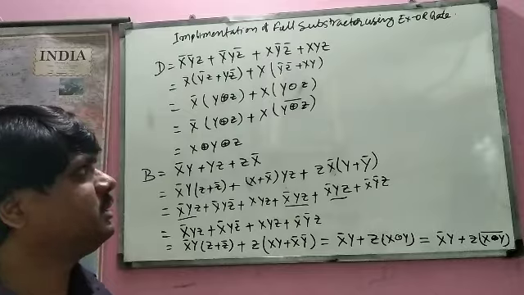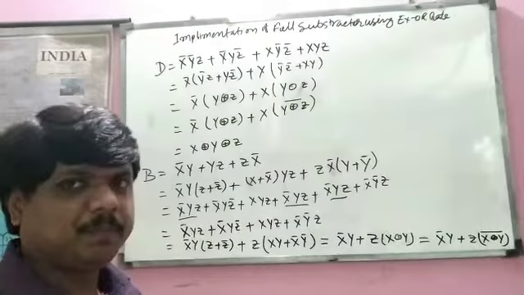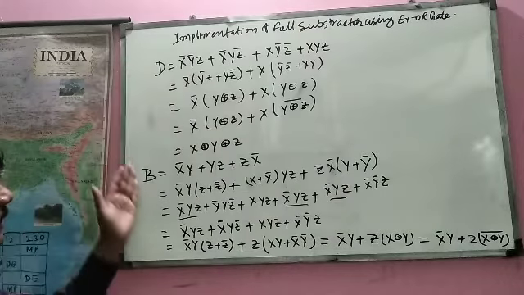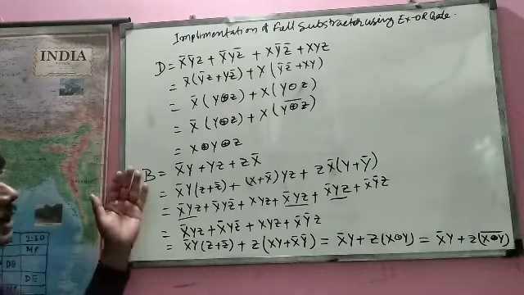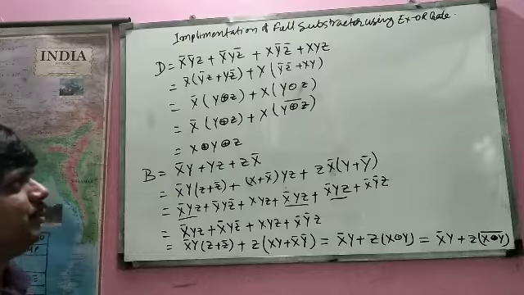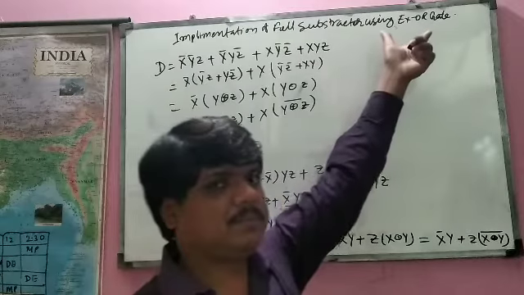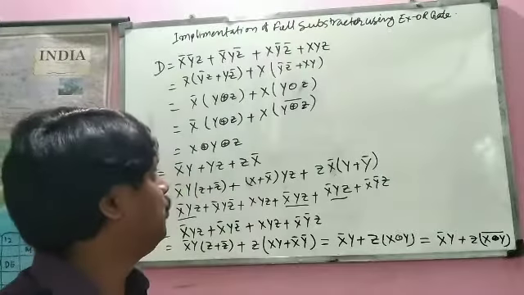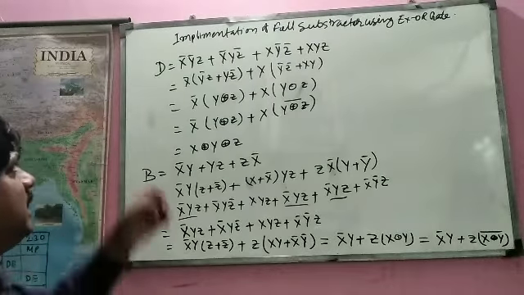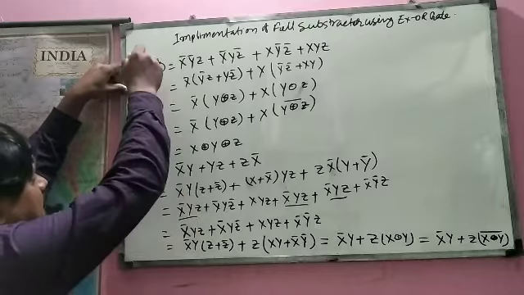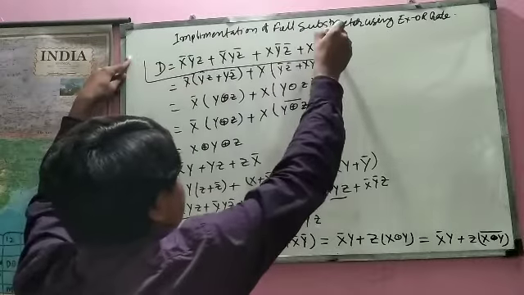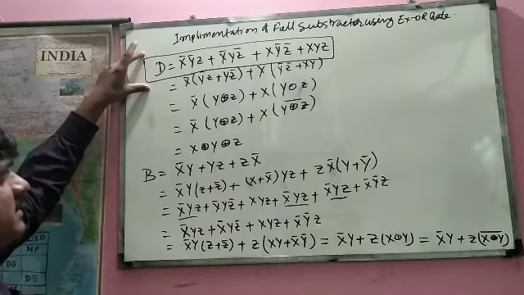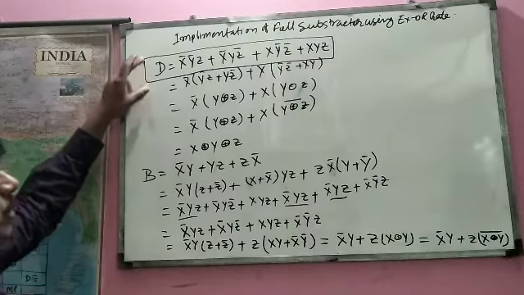So our target is to implement this full subtractor using XOR gates. Before implementing, we will have to do something. After the K-map we got this result, so first of all we will have to change this result into XOR combination.